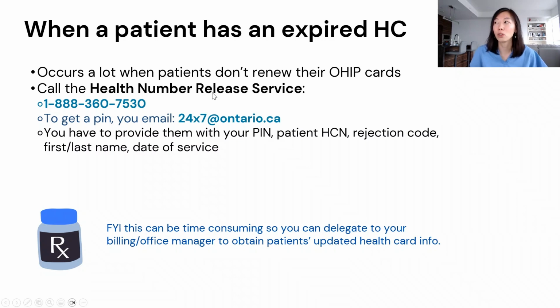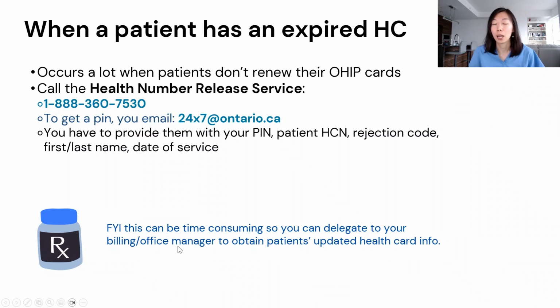In order to find out someone's version code, without actually having to call that patient and ask them, you want to first get a PIN. To get a PIN, you would email 24x7@ontario.ca. Once you get your 7 or 8 digit PIN, and you have that patient's health card number, the rejection code and some other patient identifiers, you can call this number. They will ask you for your PIN, and then you tell them this information, and they'll tell you the updated version code.